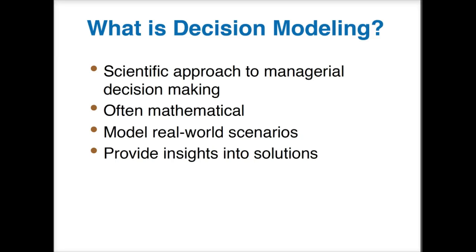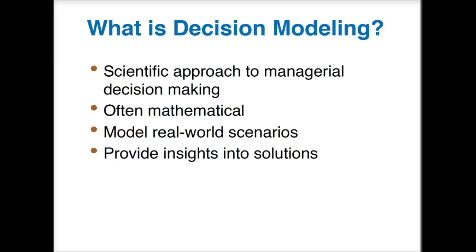And so when you're doing decision modeling, often you have to put a situation in math terms so that you can look at it abstractly from a lot of different perspectives. Also, we're modeling real world scenarios here, okay? So we're basically trying to take what we see or what we observe, and we're going to, in turn, make sure that it's expressed mathematically so that we can look at what our options are.